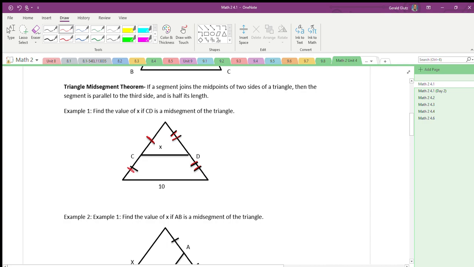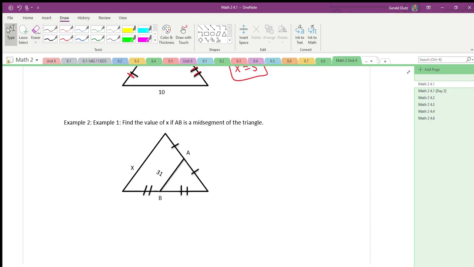So CD has to be the mid-segment. To find the mid-segment length, if its parallel side's length is 10, x would equal 10 divided by 2, or 1/2 times 10, which is 5. So x is equal to 5.